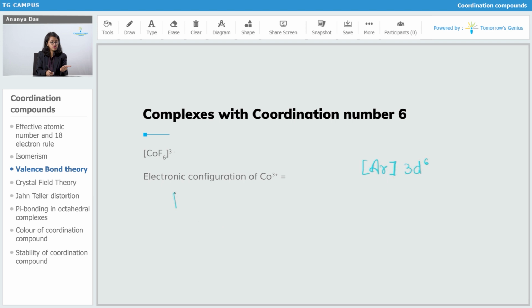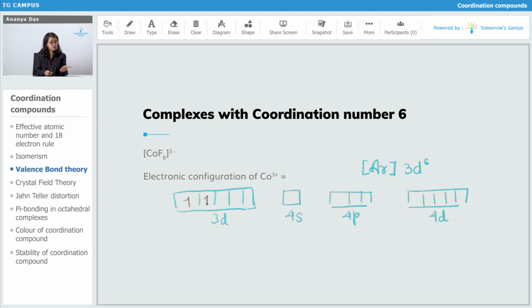So let's make our d orbitals: 3d and 4d. Now we will fill in the electrons of cobalt.